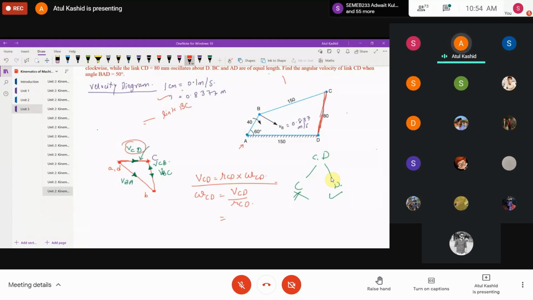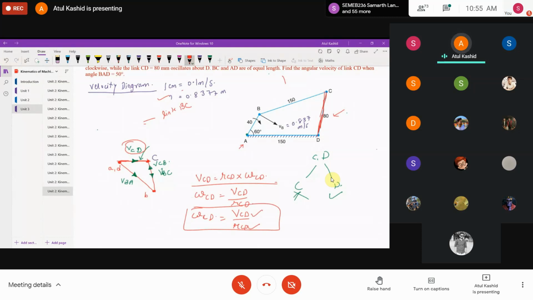So VCD will be known from that, and divided by RCD, which is given over here. RCD and VCD both are given, and from this we can find the angular velocity, that is omega CD, right?